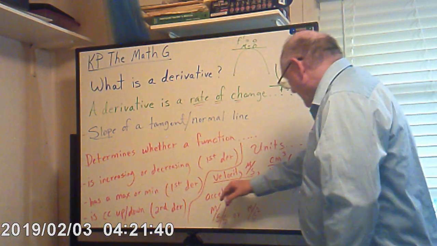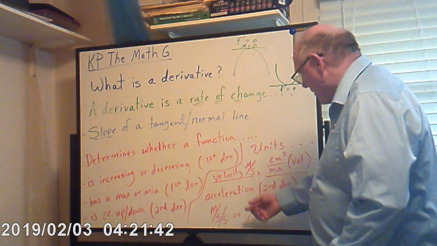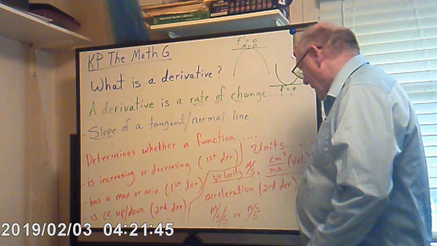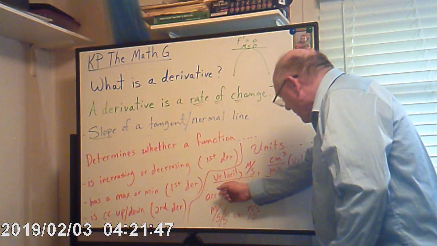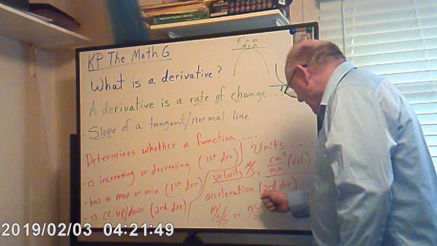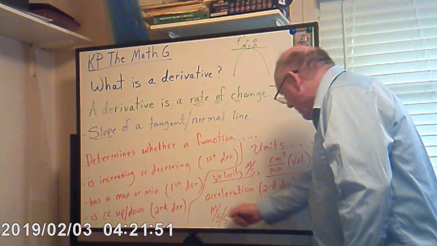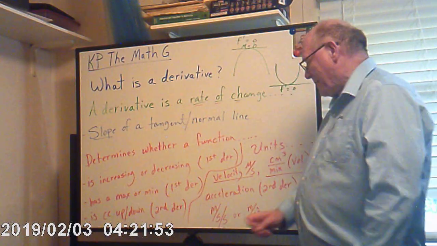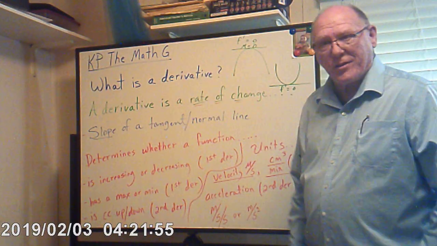The first derivative, of course, is velocity, in meters per second. The second derivative, the derivative of velocity, is acceleration, which is meters per second squared.